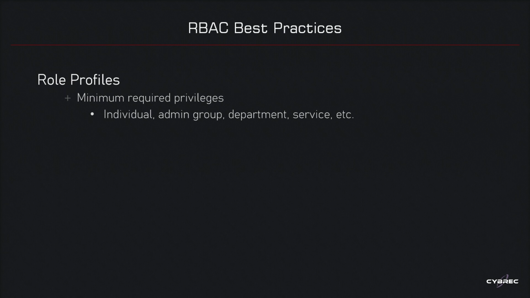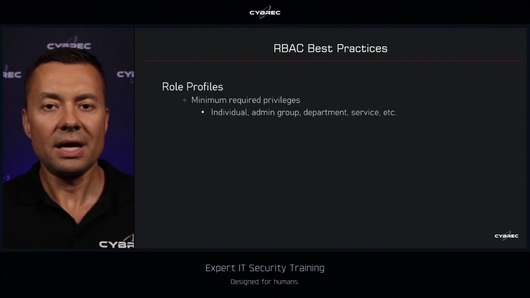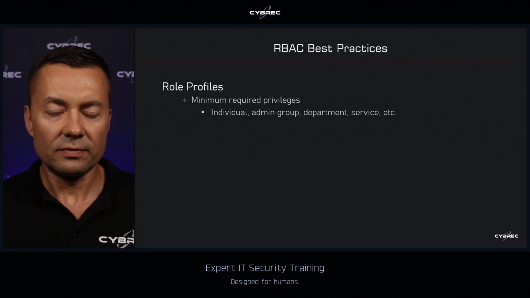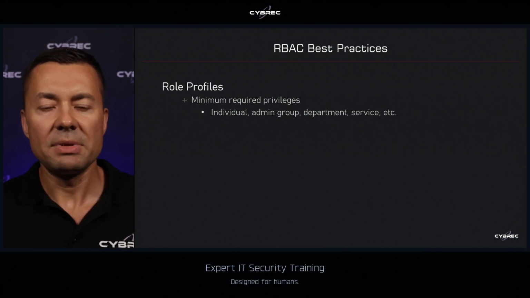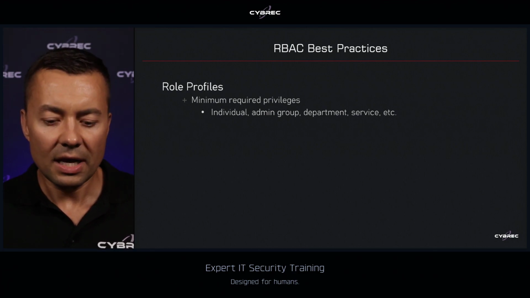As I mentioned, the idea is that we want to provide the minimum amount of privileges, just the minimal access to those individuals, maybe groups of administrators if they are supposed to share the same privileges, like maybe you have a group of security operation admins and each of them is supposed to have the same rights. In that case, it would be sufficient to come up with just one admin role profile and assign this profile to more than one admin account.